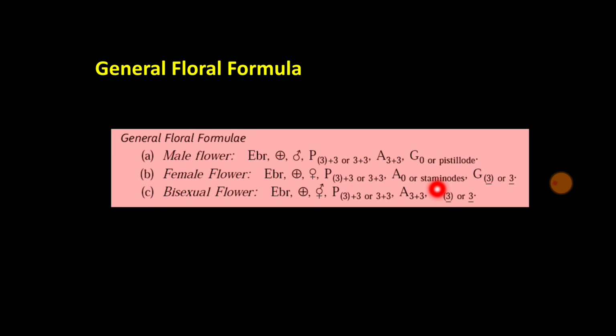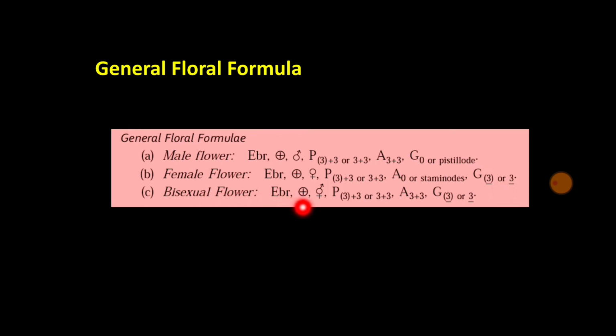Staminodes means sterile stamens. G3 in bracket or 3 and underline, that means the gynoecium may be syncarpous, tricarpellary syncarpous, ovary superior, or tricarpellary apocarpous, ovary superior.